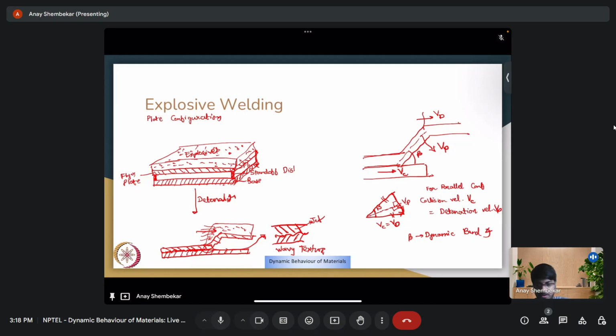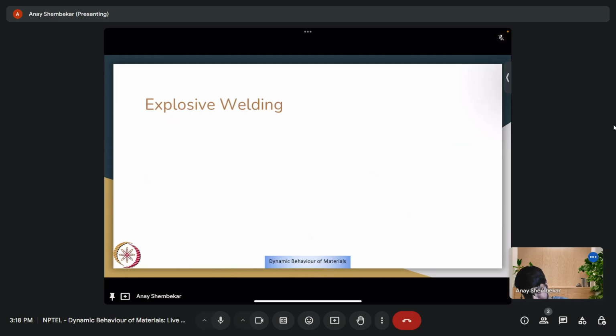Then from this plot, you can see that half of Vp, so I'll draw the diagram again. Vc, Vp, Vc. So whole thing is beta. Half of Vp is equal to Vc sine of beta by 2.